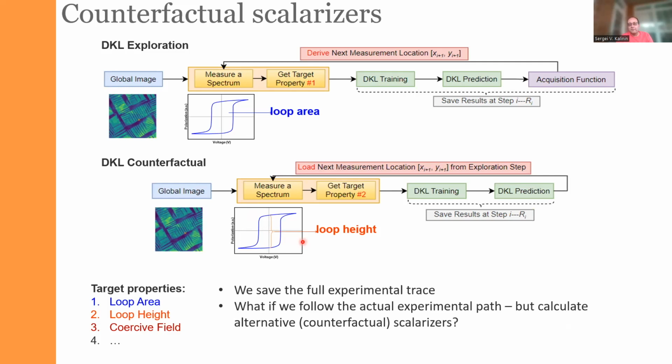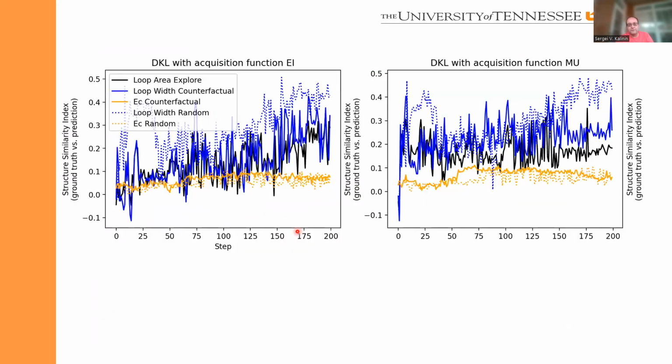But at the same time, if we do that, we learn the correlation between the real scalarizer and the counterfactual scalarizer. If they're similar, we can speculate that the physics behind this is also similar. If they're very different, then everything is very different.